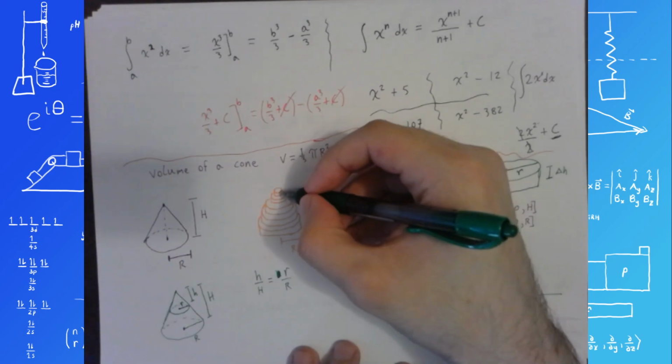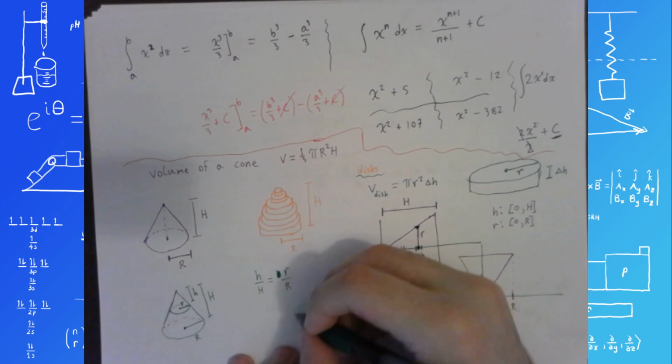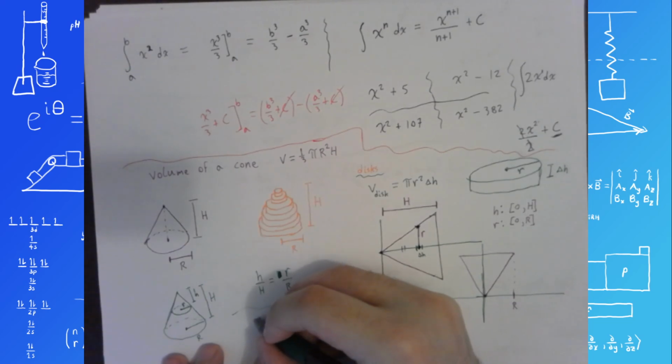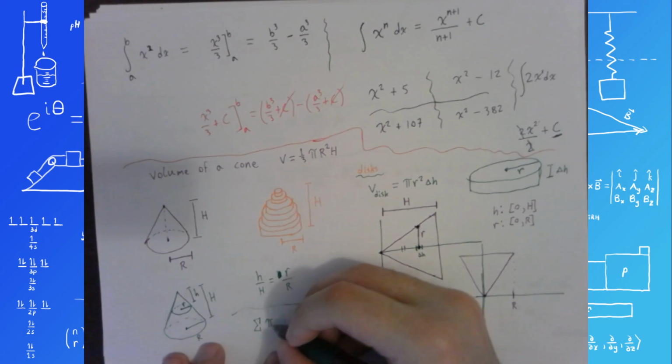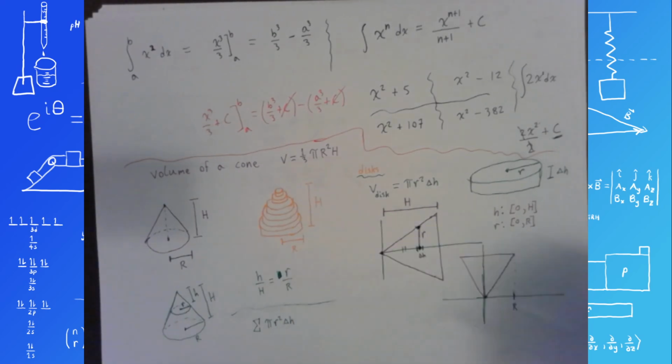So when I want to figure out the total volume of this cone, if I want to approximate the volume of the cone using these disks, then I want to calculate the sum of a bunch of pi r squared delta H terms.